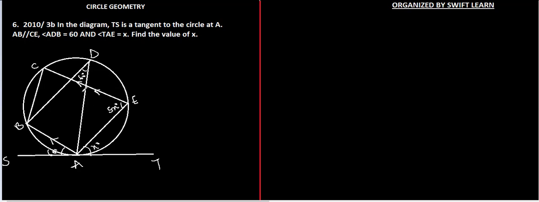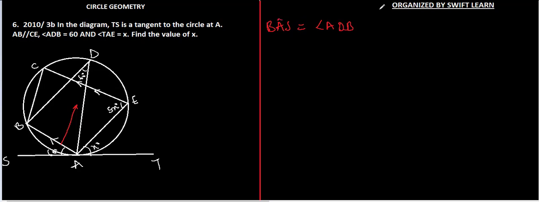You should be saying that. Why? Because this is the chord. This chord here is equal to the alternate segment. So simply I'm saying BES equals ADB.